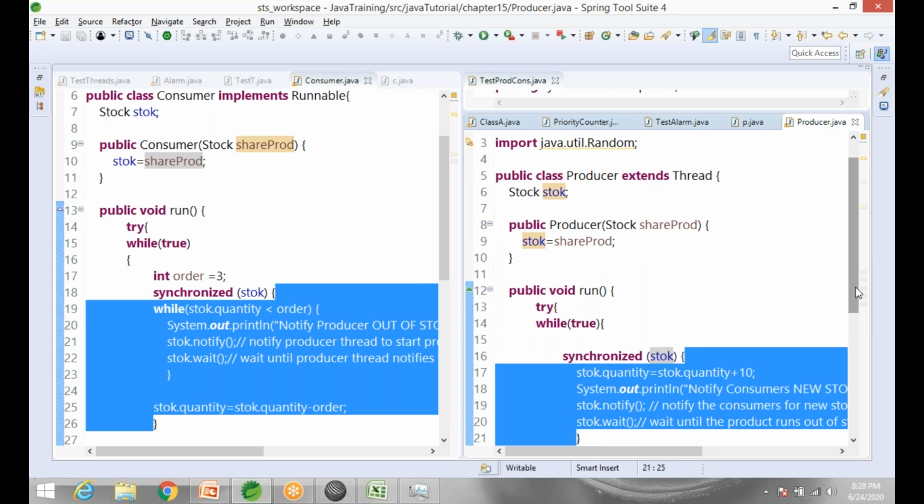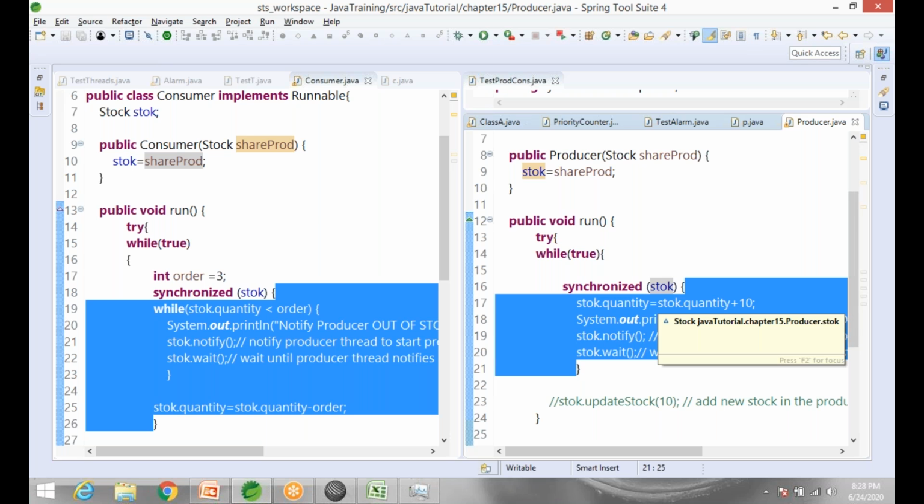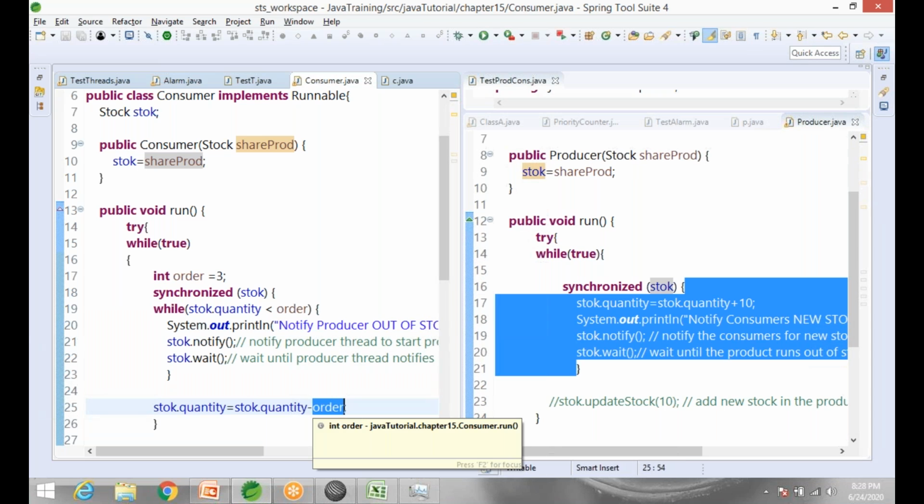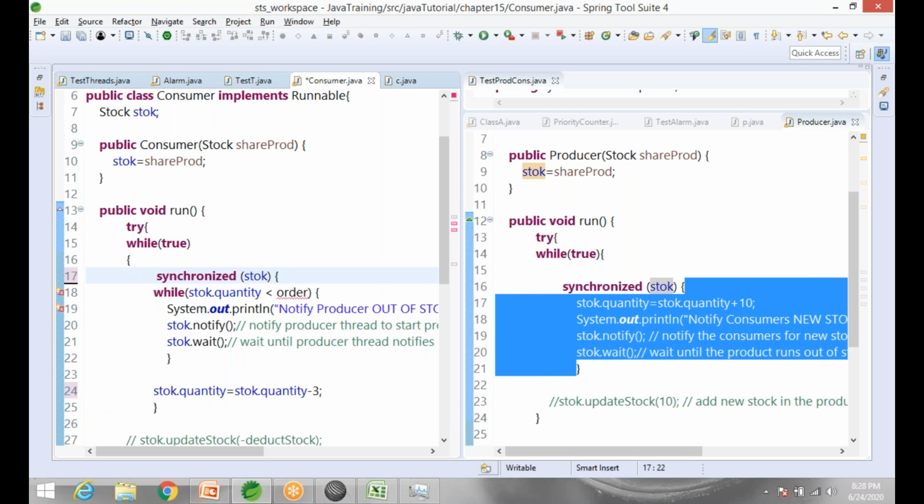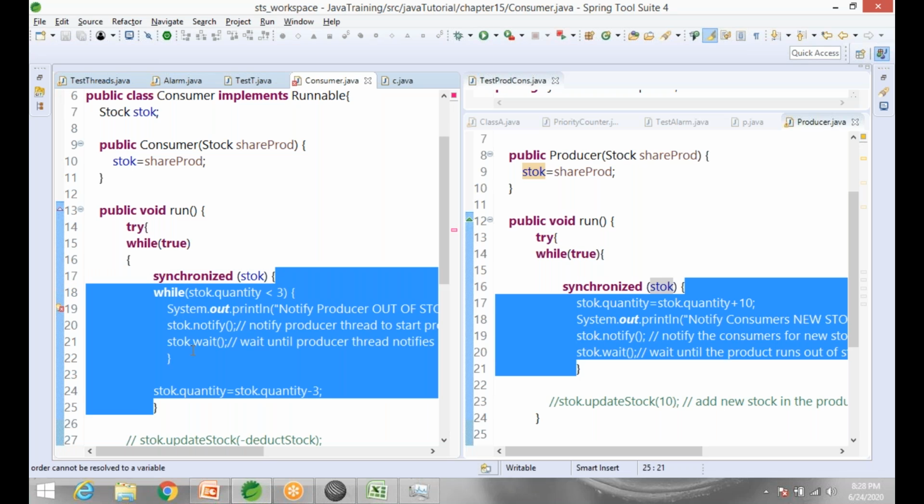The producer makes changes to the stock object by adding 10. The consumer makes changes to the stock object by reducing by 3. Both of them are making changes to this one shared object. So your job is to wrap that code inside a synchronized block. This is what we call synchronization.